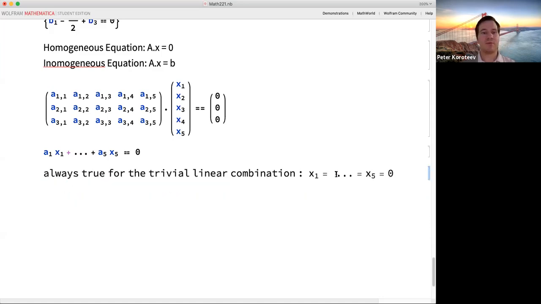Okay, but that's sort of not interesting. The solution always exists, right? Basically, that means that your vector x is a 0 vector, and multiplication of any 0 vector by a matrix will always give you 0, right?